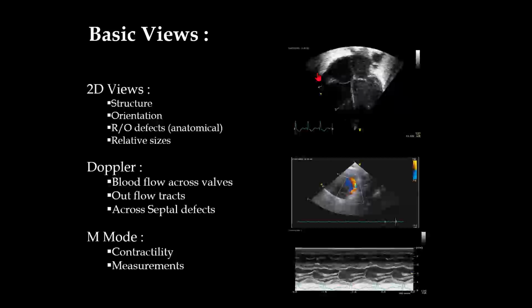Apical four chamber. Very good. Great. Nice. Then we have the color. We put a color window and we do that. And the other mode is the M mode, that is the motion mode. We use this to calculate the size of the structures and even to calculate the contractility of the heart. Okay, so this is how we will be using it.